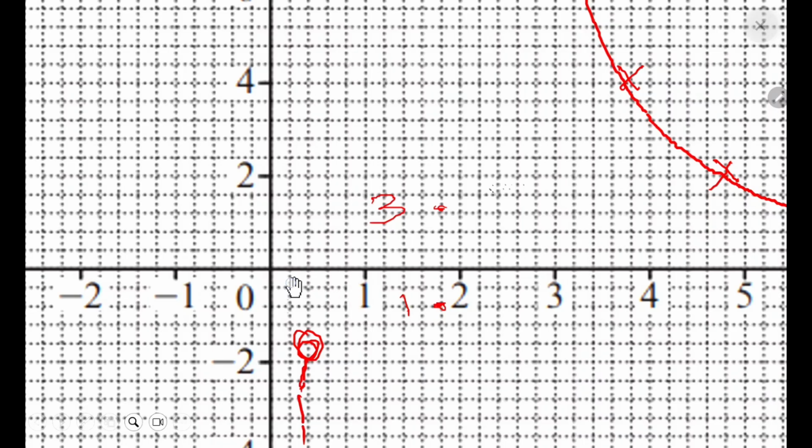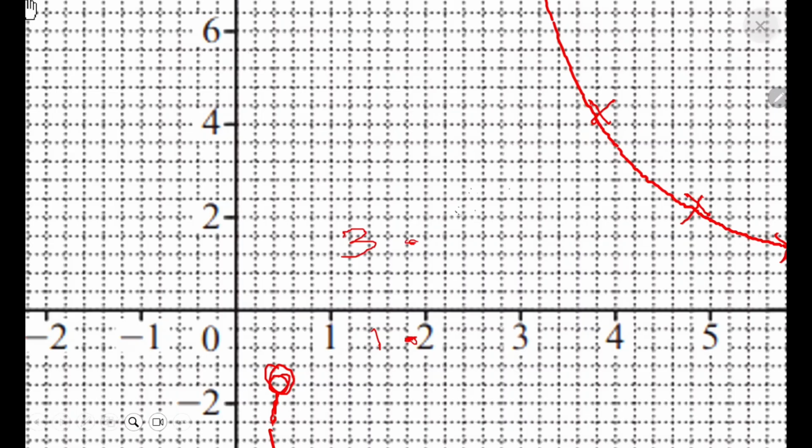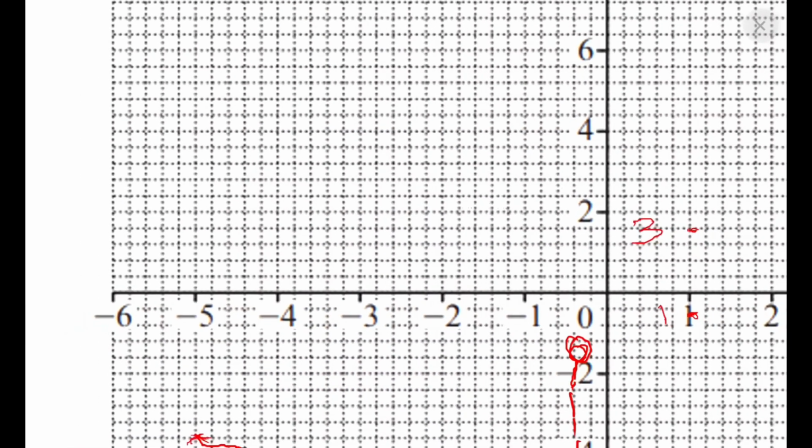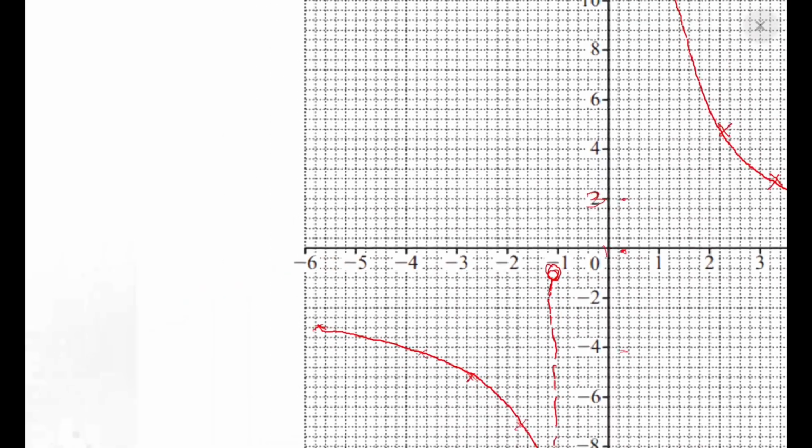So this is 0.2, this is 0.4, this is 0.6, 0.8 and 1. Again 1.2, 1.4, 1.6, 1.8 and 2, and so on. So for this point that we found here, I'll zoom it out.